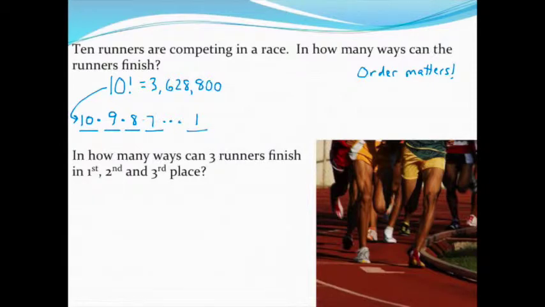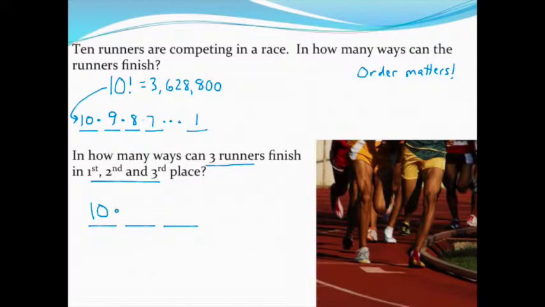In my next example, I don't care about all the different places I can finish. I just want to know how many ways I can finish in first, second, and third place only. After that, who cares about fourth, fifth, and sixth? And so once again, I can think of this as a blank space problem. There are 3 options I care about: first place, second place, and third place. There are 10 different people that can come in first.